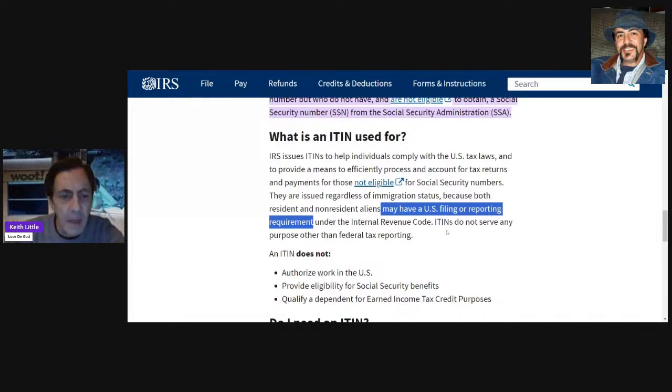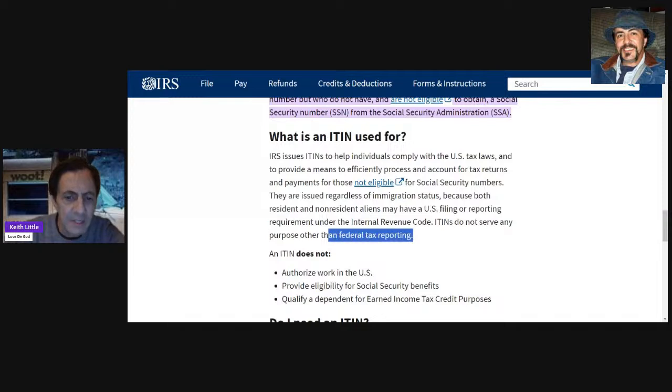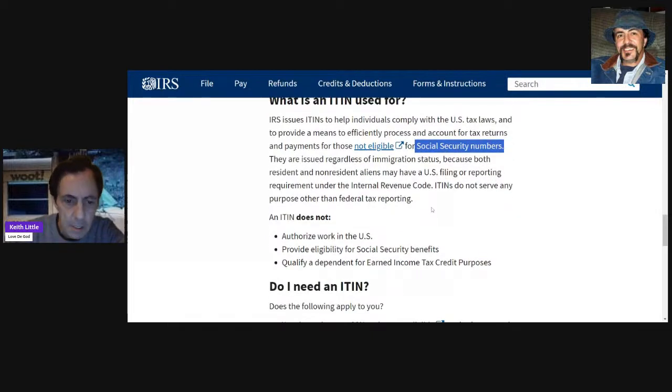ITINs do not serve any purpose other than federal tax reporting. If the ITIN serves no other purpose than federal tax reporting, and you're supposed to have that in case you're not eligible for a Social Security number, then the Social Security number is the same thing. It's for federal tax reporting purposes only. Like kind, like requirement.